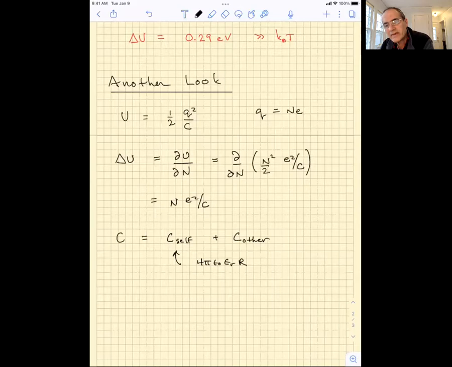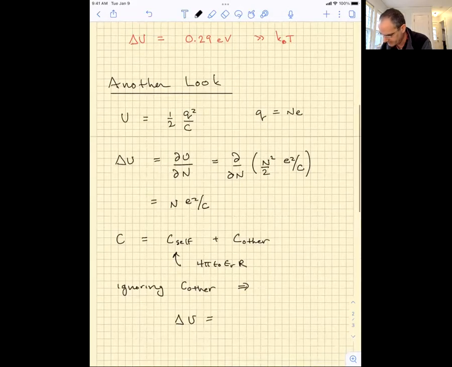And so if we ignore the capacitance of everything else, then we find that delta U is exactly what we found before, okay? N e squared over 4 pi epsilon naught epsilon_r times r.